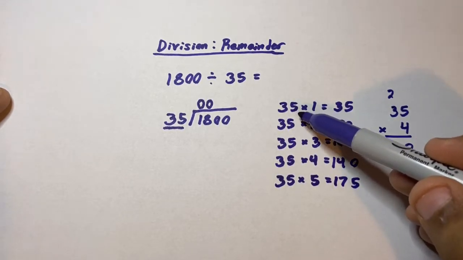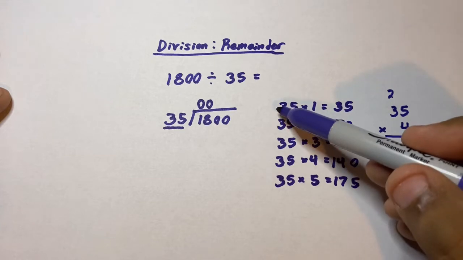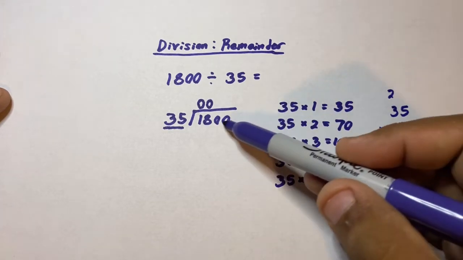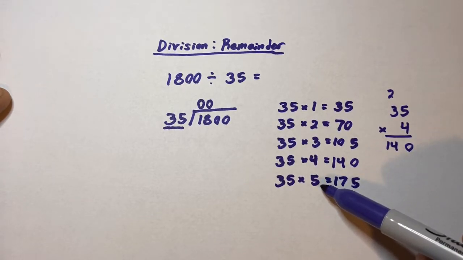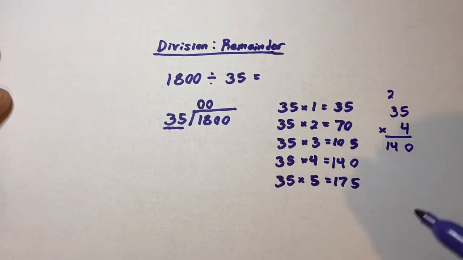The number 35 can fit inside 180 at most 5 times. Well, Mr. V, why not 6?